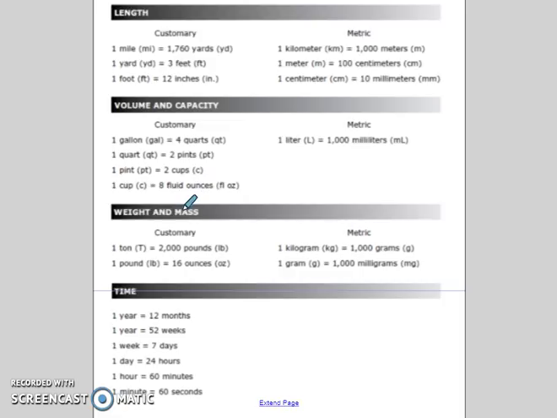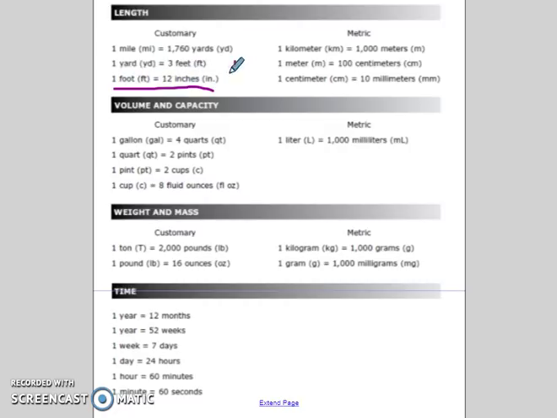So, which one are we going to use on that last problem that we just saw? It's right here. 1 foot equals 12 inches. A lot of you probably already knew that one, but there are some conversion rates on this list that you might not know. So let's use our conversion rate, 1 foot to 12 inches. Now, you might be thinking, well, Ms. Zwart, that's not a rate, but it is a rate.